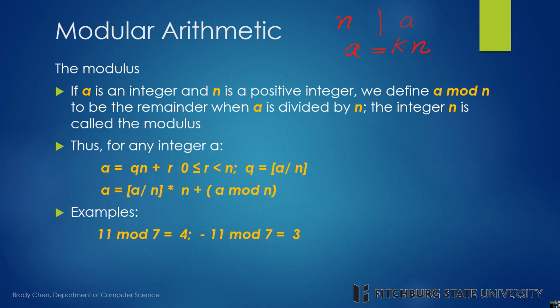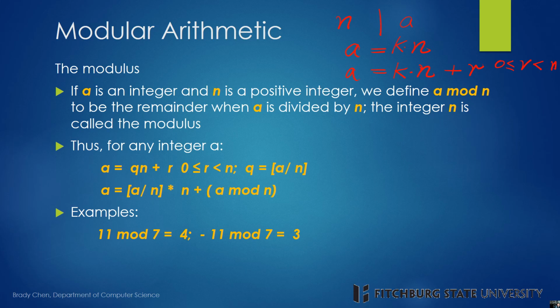In that case, we can do the division and write a as a quotient k times n, but a is not a multiple of n. So we can find k such that a equals k times n plus another number r, where r is greater than or equal to 0 and less than n.